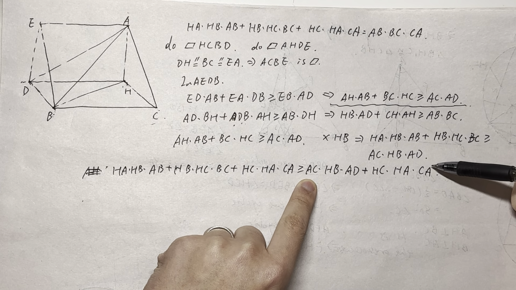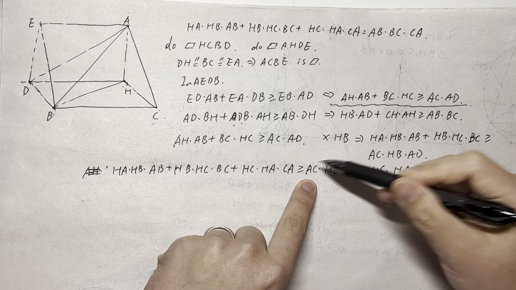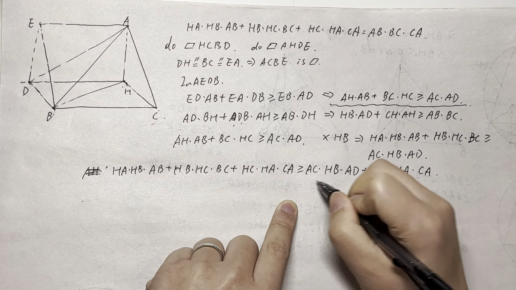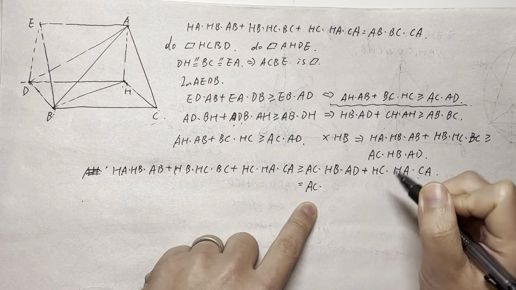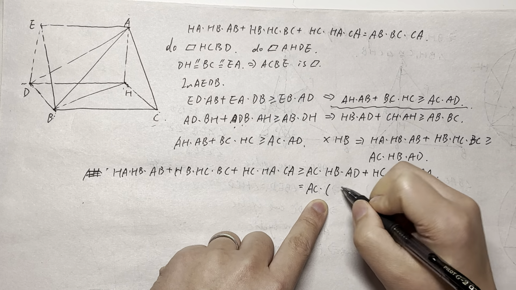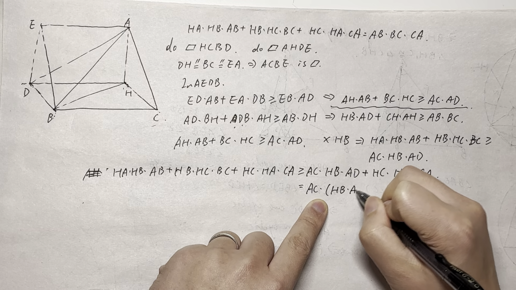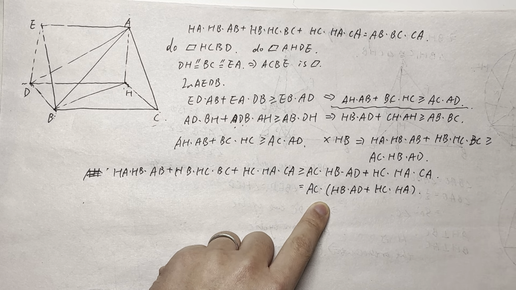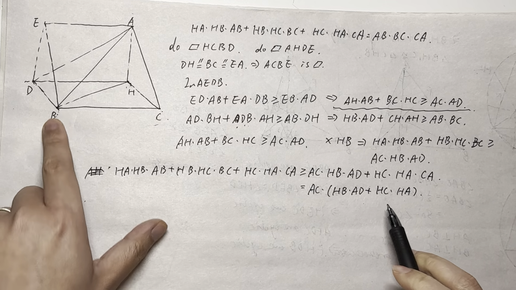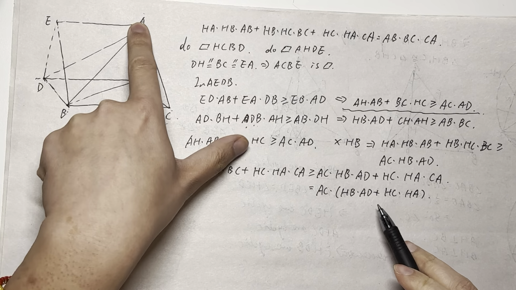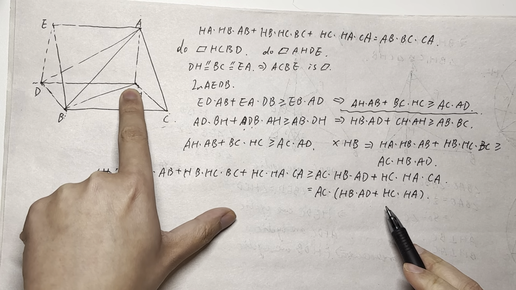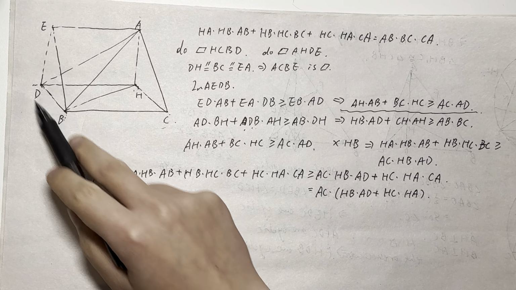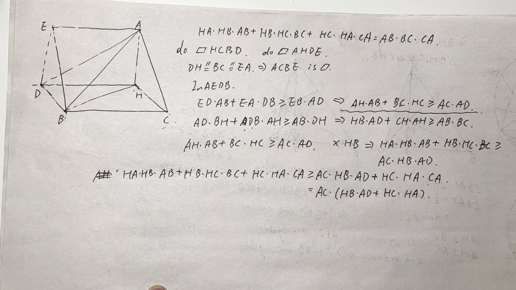So we have CA here, we can extract it out. Then this one equals AC times HB times AD plus HC times HA, right? We know that HC times HA actually equals DB times HA, right?